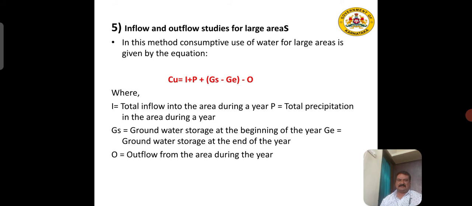Second method is the tank and lysimeter method, where the lysimeter is a container similar to the tank but has a pervious bottom, and free drainage through the bottom is collected in a pan which is kept below. The consumptive use of water is therefore the difference between the water applied and the drainage collected in the pan.